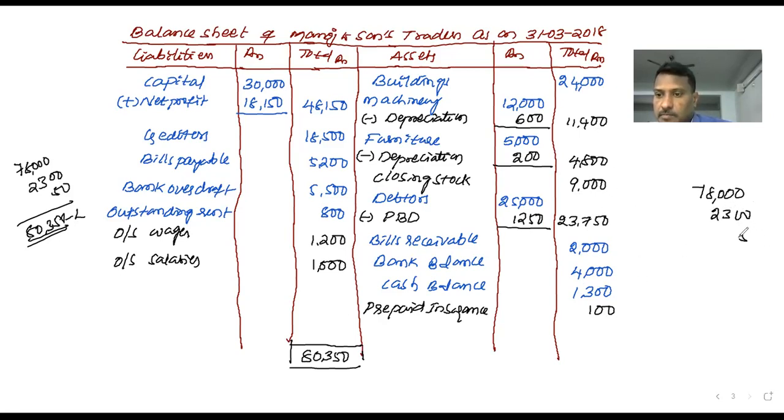Rupees 50. Yes, on the asset side also 80,350. It means the balance sheet is tallied, which means the problem of the final accounts is correct. 80,350, 80,350 are the totals of both sides of this balance sheet.